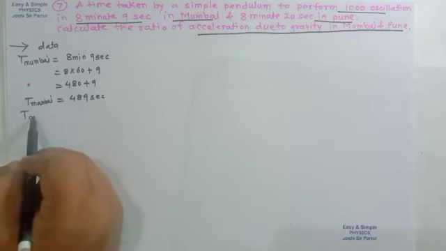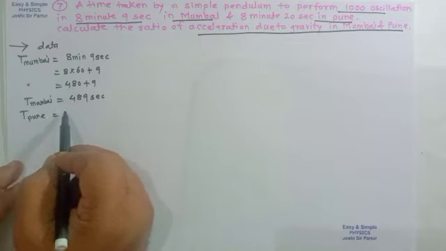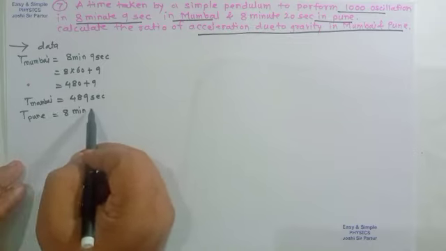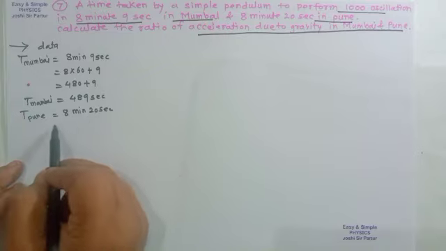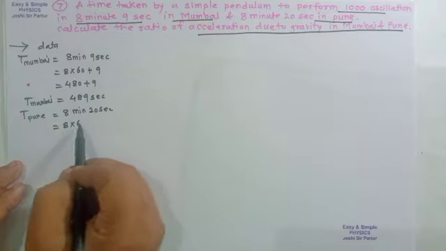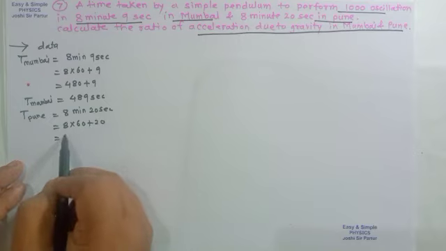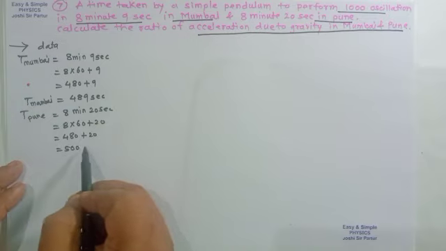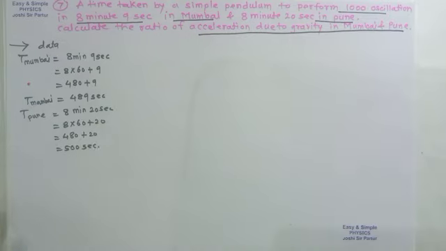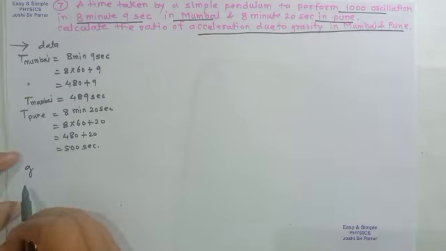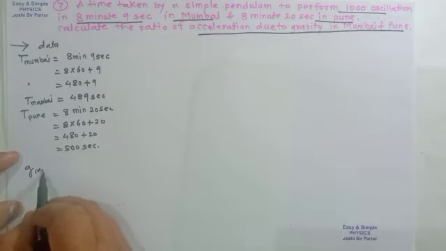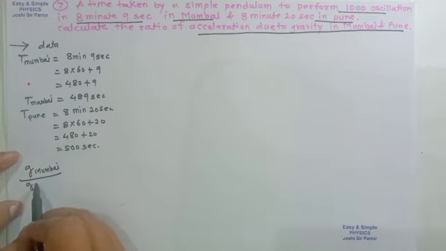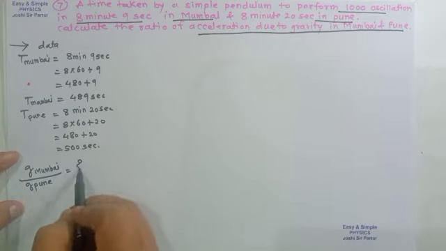So time for Pune will be 8 minutes 20 seconds. That is 8 multiplied by 60 plus 20, 480 plus 20. It will be 500 seconds. So two times are given, and we can find out acceleration due to gravity in Mumbai and acceleration due to gravity in Pune, their ratio.